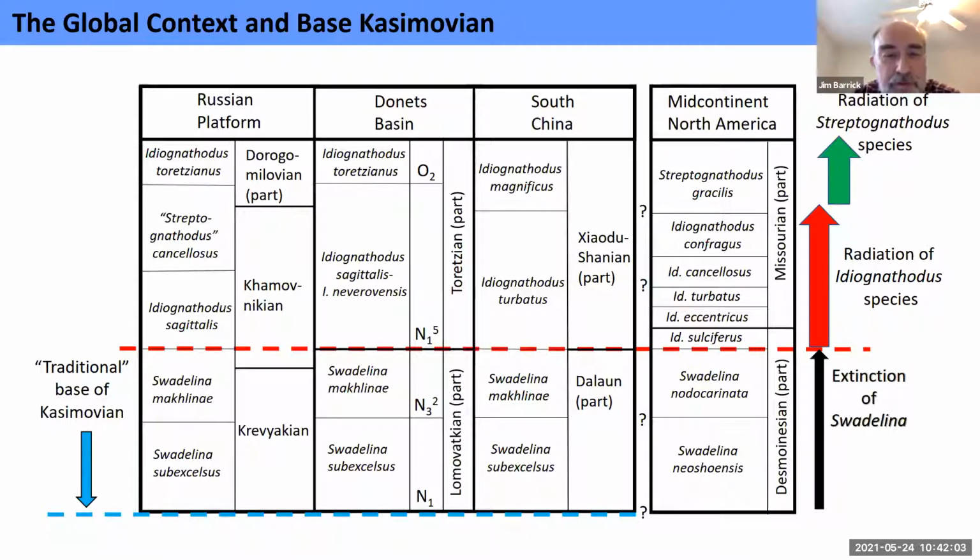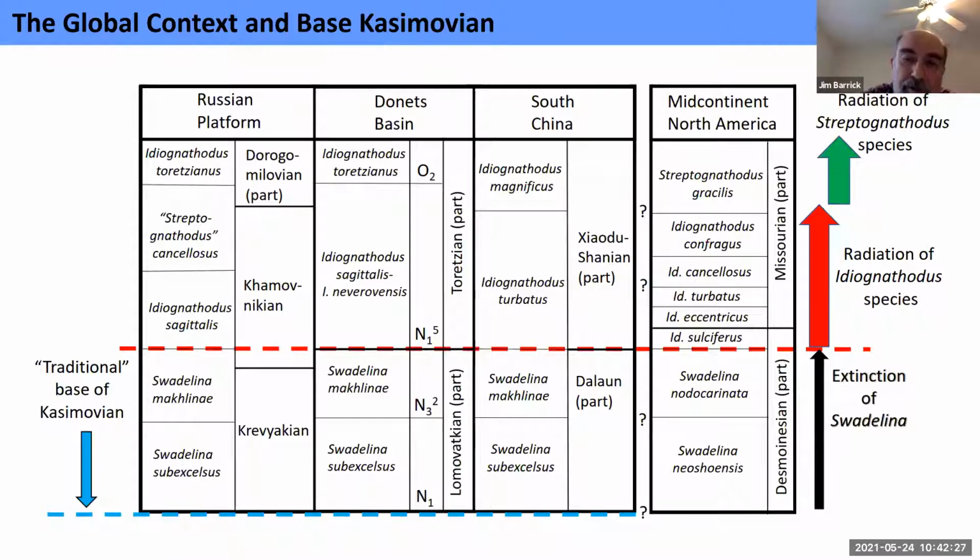And this extinction event is really quite incredible. And I think globally, we're dealing here with, in particular, a datum like the extinction of Swadelinas, and the extinction, in some cases at different times, of Neognathodus. And in all these areas, we're seeing this massive radiation of new Streptognathodus species.